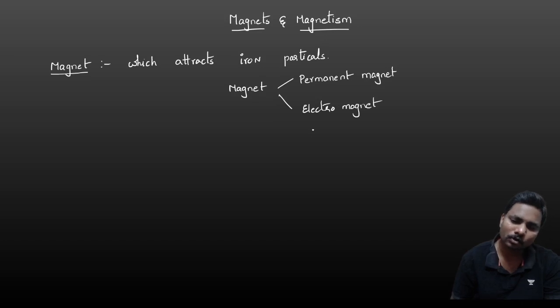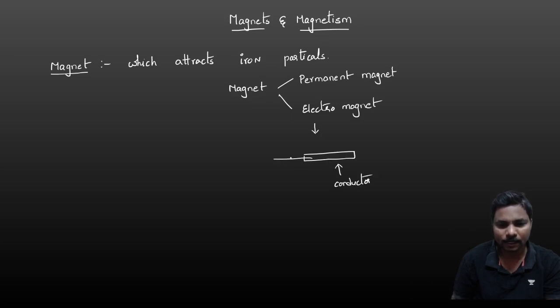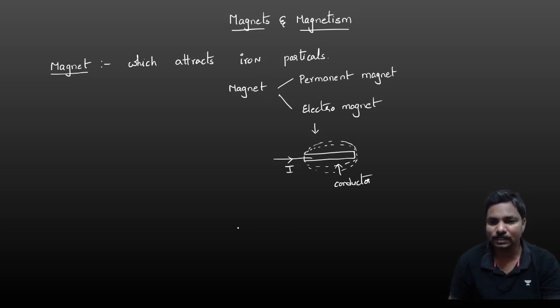Here is how the electromagnet is formed. Whenever a conductor, for example, if you consider a conductor, whenever current passes through the conductor, it produces a magnetic field around it. That means it will act as a magnet. That type of magnet is nothing but an electromagnet.